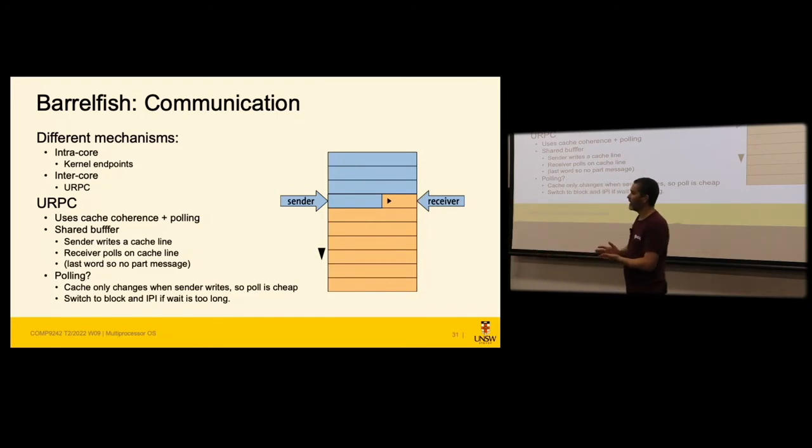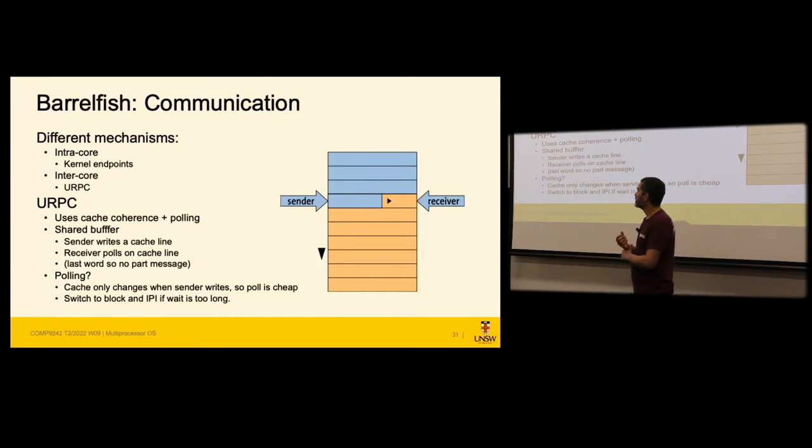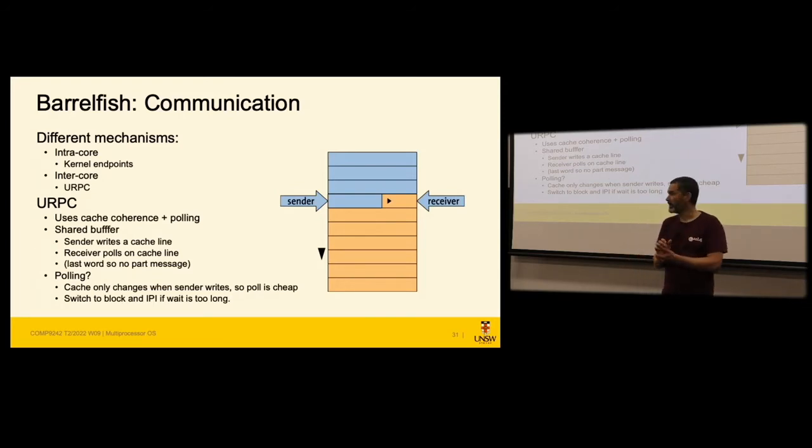It turns out that IPIs, interprocessor interrupts, are slow, so they needed a different way of doing communication, this message passing in Barrelfish. What they did was, intra-core, if you're on the same core, you just use your regular kernel endpoints and do your communication. But if you're communicating between cores, they have this thing called user-mode RPC.